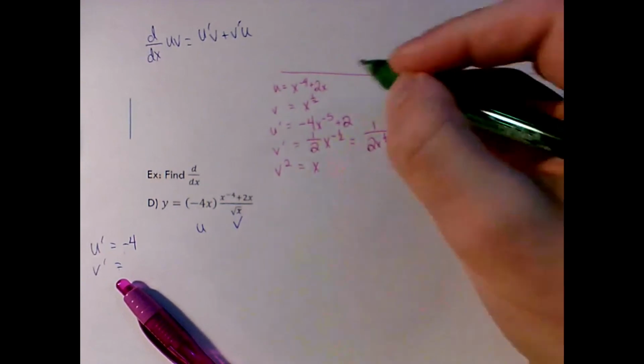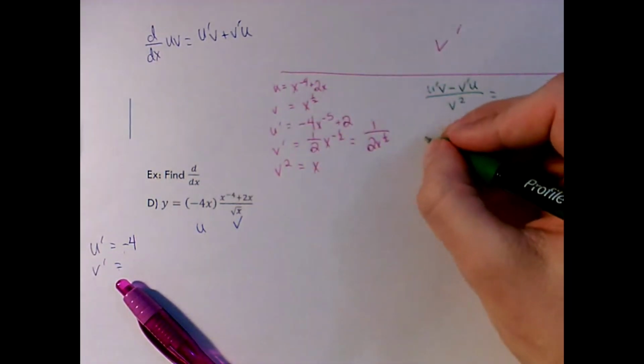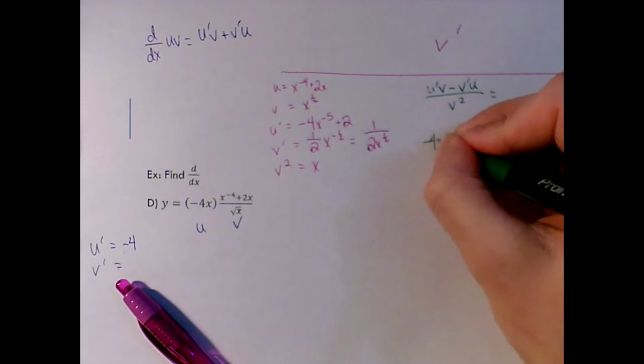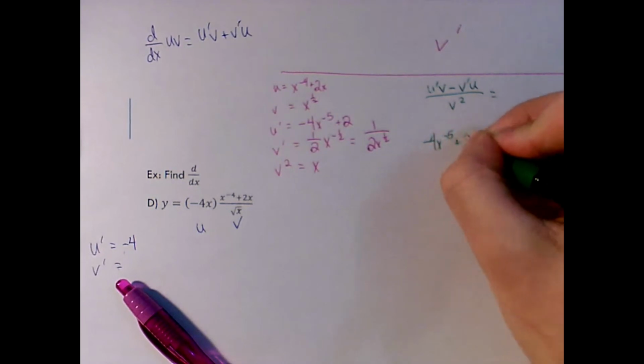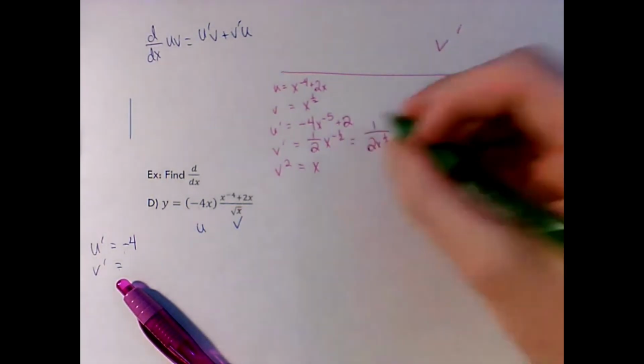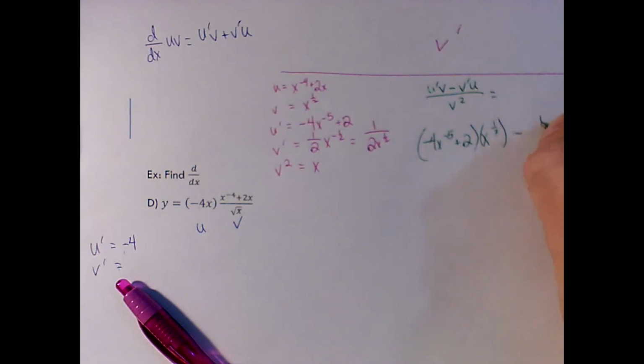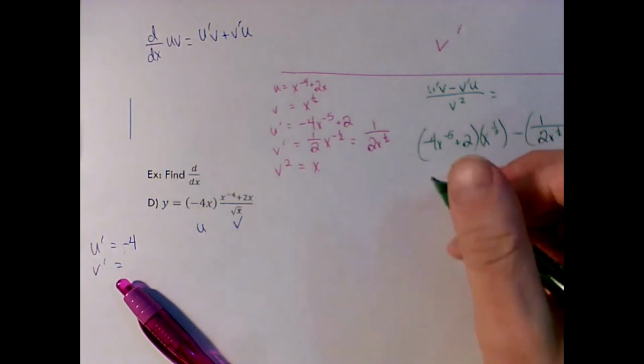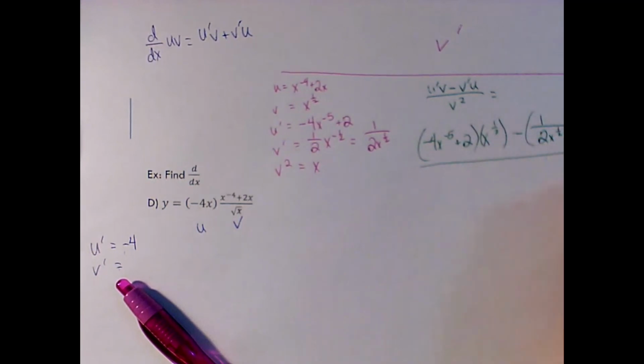So that ends up being u prime, I'll write it underneath, u prime was -4x to the -5th plus 2 times v, which is x to the 1/2, minus v prime, which ended up being 1 over x to the 1/2 times u, which is x to the -4 plus 2x, all over v squared, which is x.